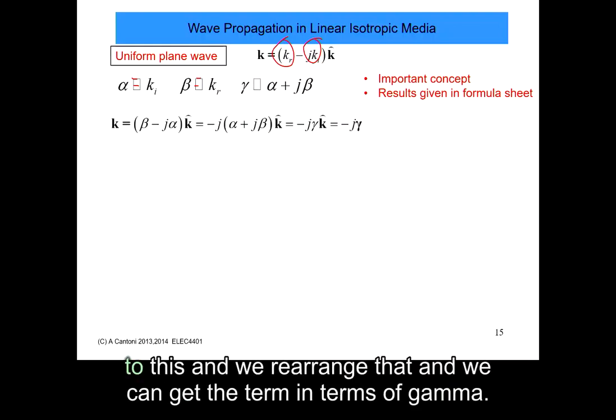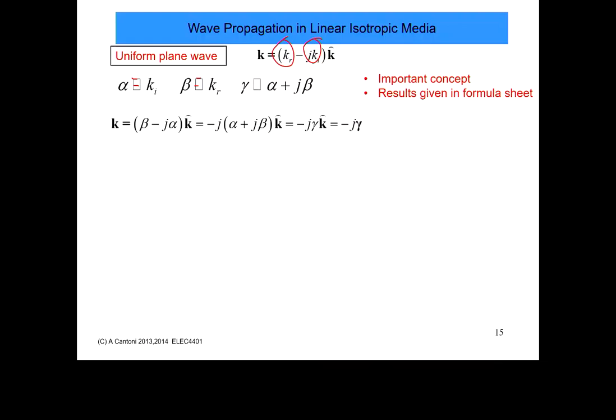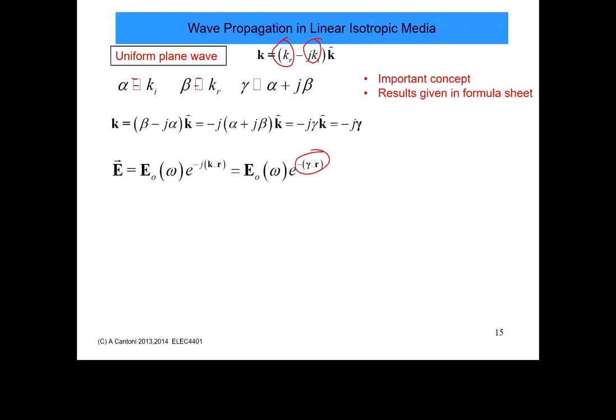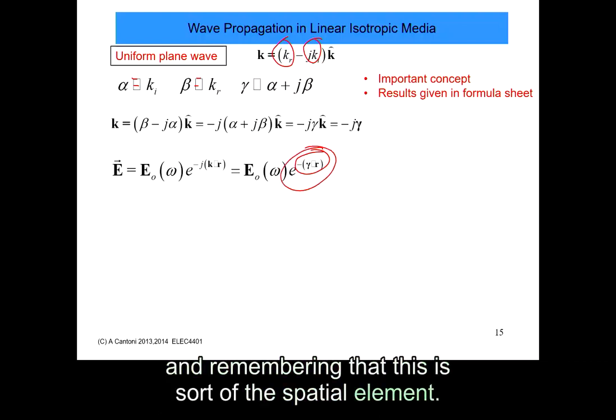K is going to be equal to this, and we rearrange that to get the term in terms of gamma. Again, it's just a lot of derivation math. The E field can then be represented by this, where we've replaced that term with gamma, remembering that this is the spatial element.